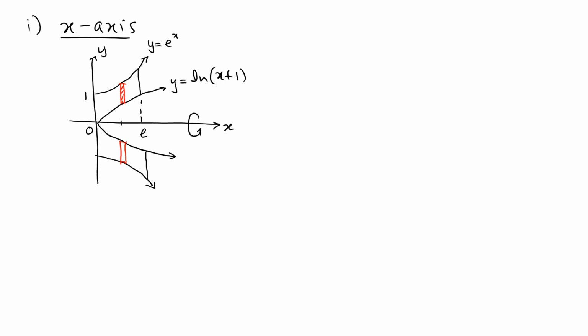The small radius is simply coming from the bottom curve, ln(x) + 1. The large radius comes from the top curve, which is y = e^x. So these are the two radii, and we also know the limits, so we can write the formula now.